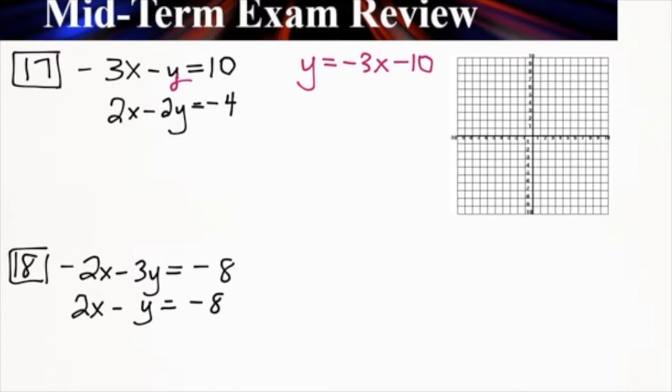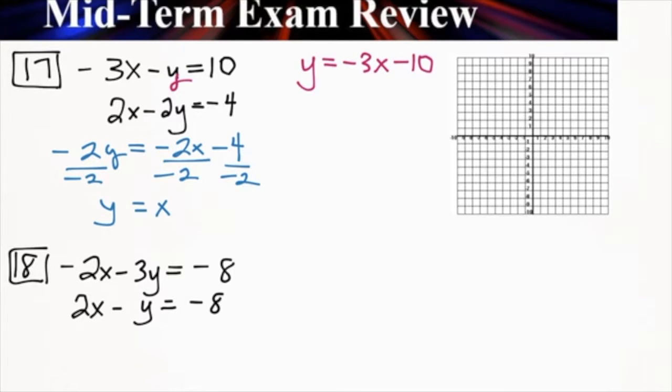If I subtract the 2x on the other side, and then divide by negative 2, I'll have y equals x plus 2. 4 divided by 2 is 2, and a negative makes a positive.